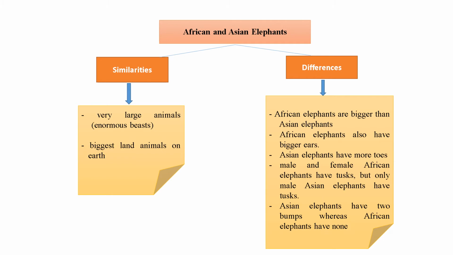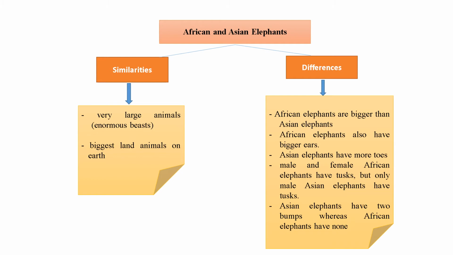Here you will find the similarities and differences between African elephants and Asian elephants. Let's consider first the similarities. We can find that both are very large animals and both are the biggest land animals on Earth. Now let's turn to the differences.